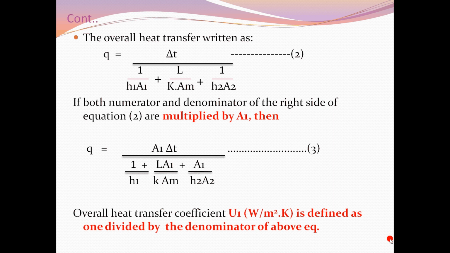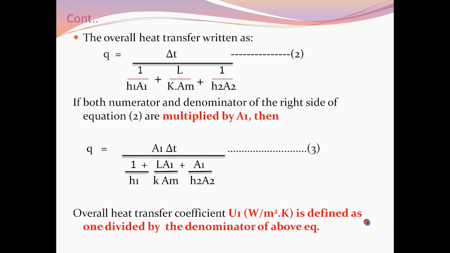If both the numerator and denominator of the right side of this equation are multiplied by A1, we get Q equal to A1 into delta T divided by 1 upon H1 plus L into A1 divided by Km plus A1 divided by H2 into A2.